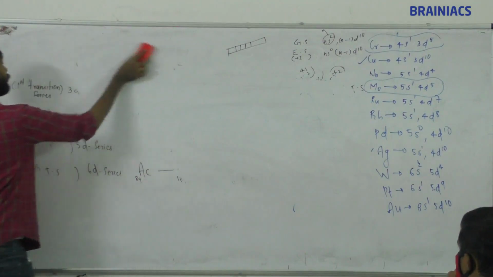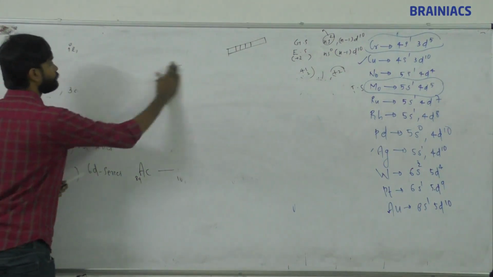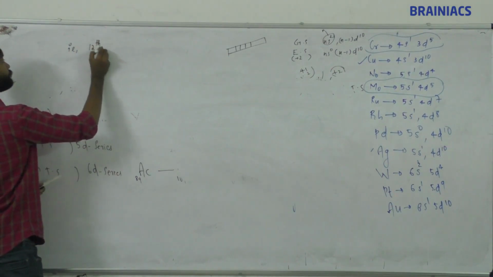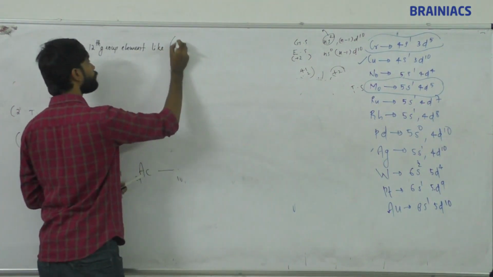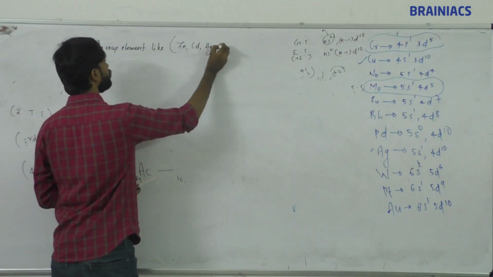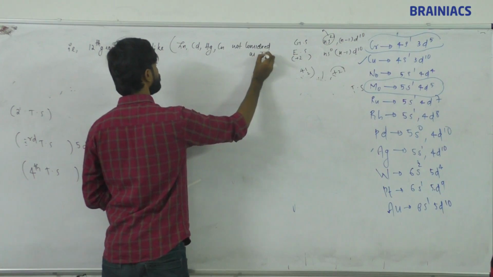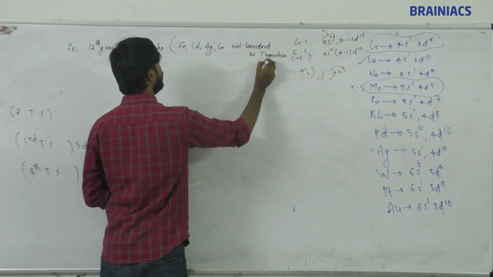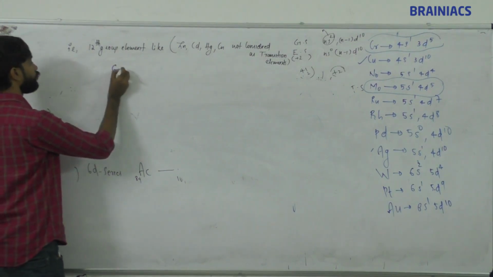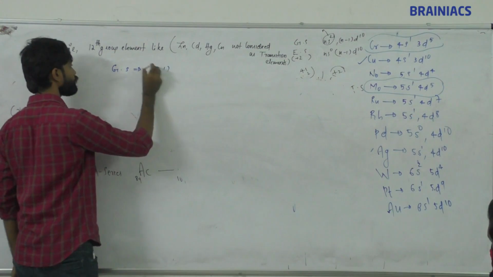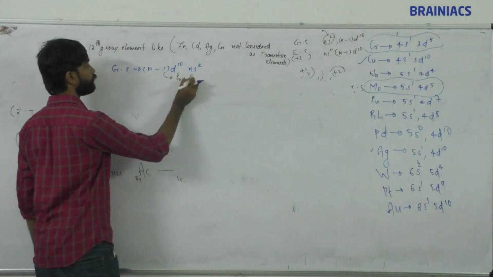Based on the definition, write a point that the 12th group elements, like zinc, cadmium, mercury, copernicium, are not considered as transition elements, because the ground state configuration (n-1)d10 ns2 is fulfilled, right?